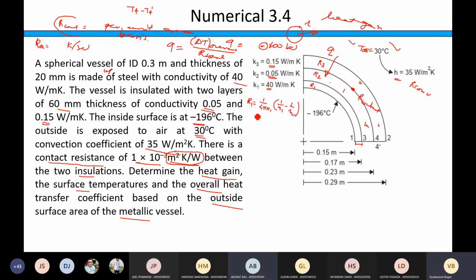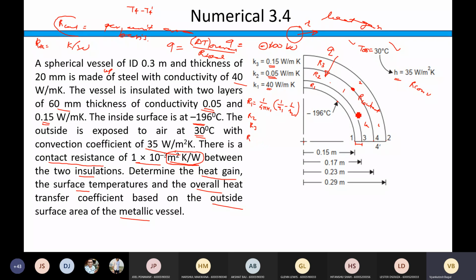Correct. Similarly, you can find R2, R3. It will be 1 upon 4 pi K2, 1 upon r2 minus 1 upon r3, right? And for R3, it will be 1 upon 4 pi K3, 1 upon r3 minus 1 upon r4, right? So this is how we will find R1, R2, R3, the 3 resistances.